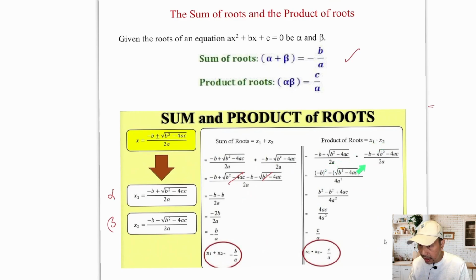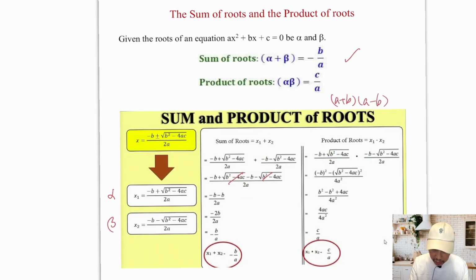The product of the denominators is 4a squared. For the product of the numerators, please note that we can use the form a plus b times a minus b. Okay, the first term is negative b, and the second term is the square root term.